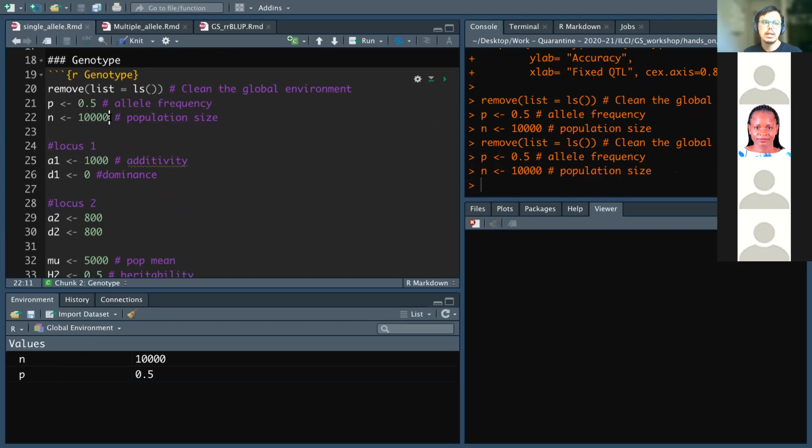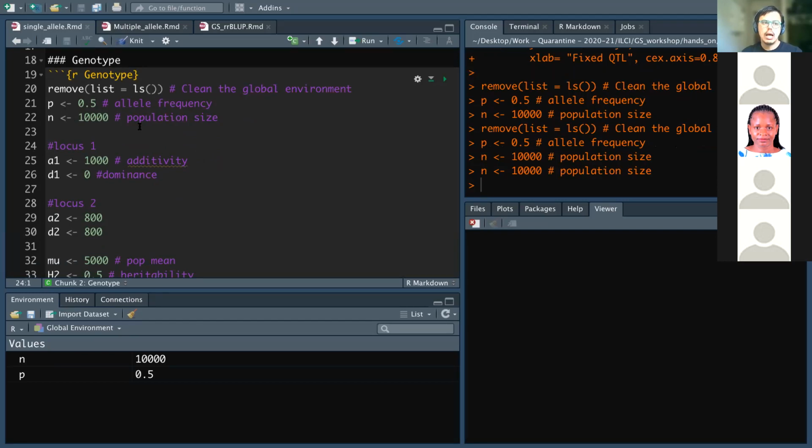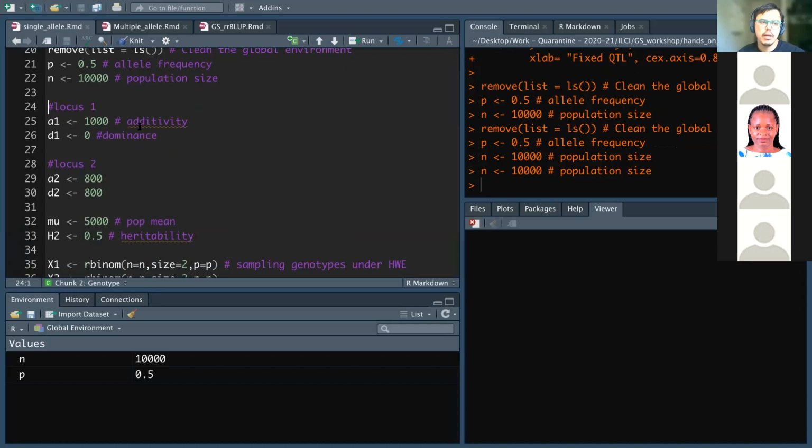Then, also in the videos, we mentioned that the population size is really important. Here we have a population size of 10,000 individuals. And another thing that we mentioned in the videos is that we can have additive or dominant effects in the alleles.